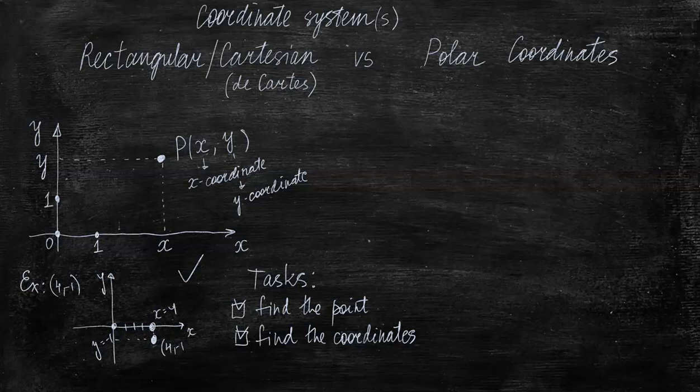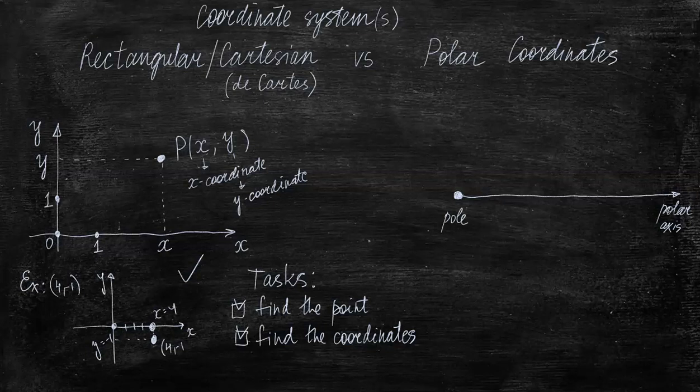So how do polar coordinates work? Unlike the Cartesian coordinates, in polar coordinates we only have one axis. It's called the polar axis. The point where the polar axis begins is the analog of 0, but it's called the pole.